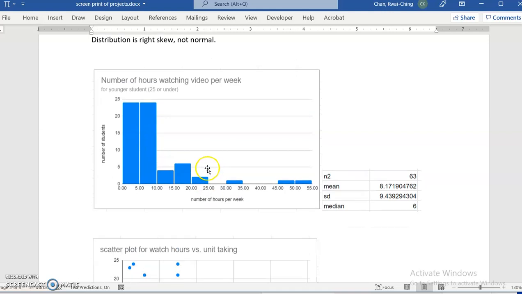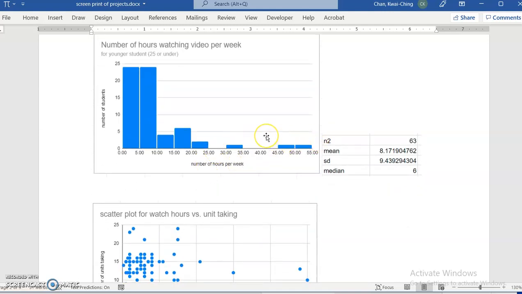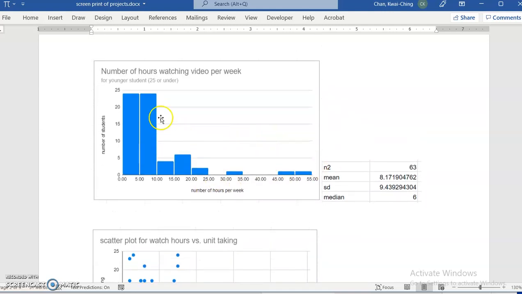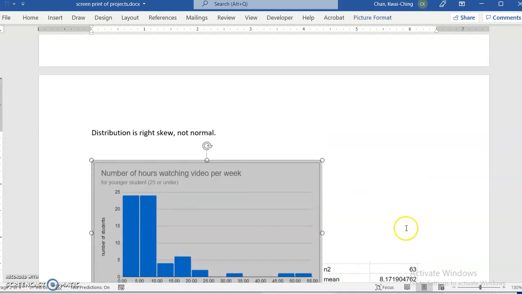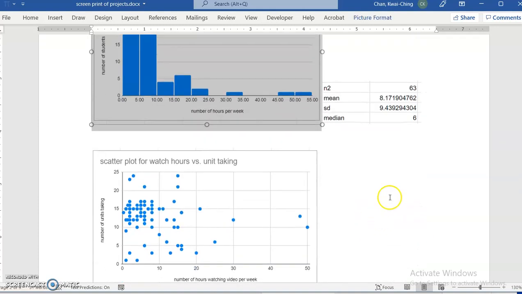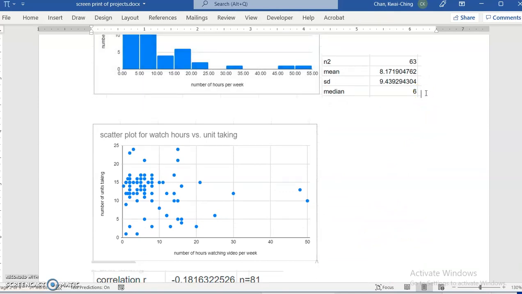Both of them are kind of right skewed, but because I have more data in the younger students, they look different. I also noticed that I have some outliers, so maybe I should talk about the shapes of the distribution and also the fact that there are quite a number of outliers.